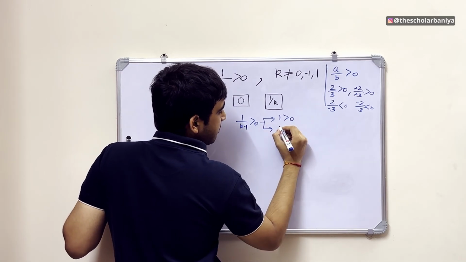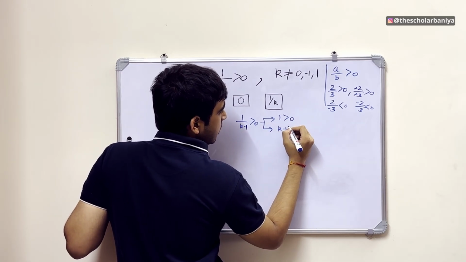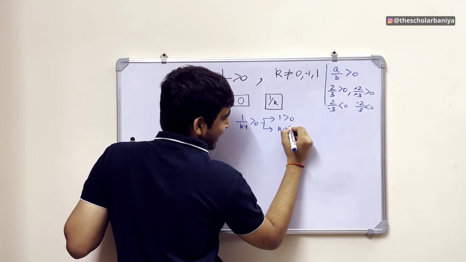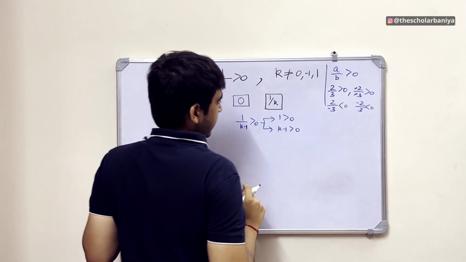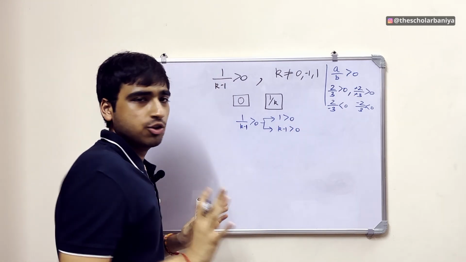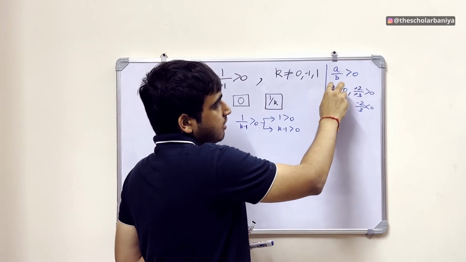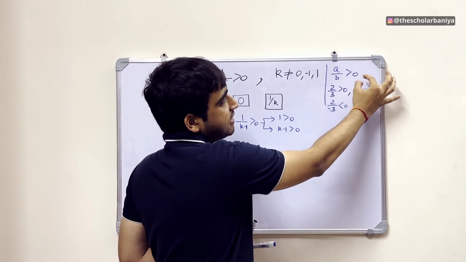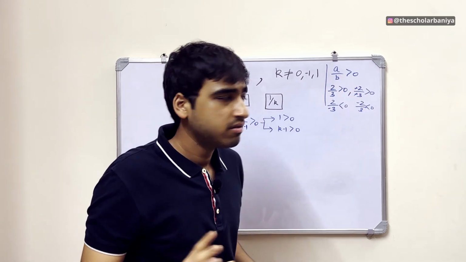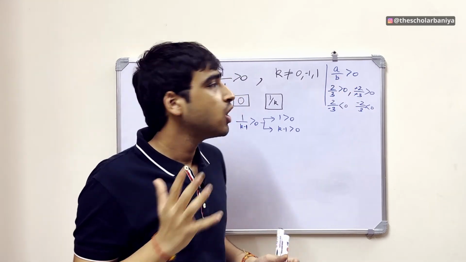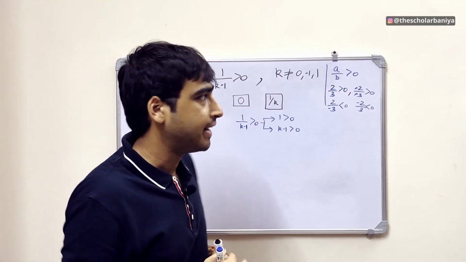But at the same time, k minus 1 is also greater than 0, right? So this is one thing which should be really clear. When two things are there and if this is greater than 0, so either both are positive, that means a and b both are positive, or a and b both are negative, right?